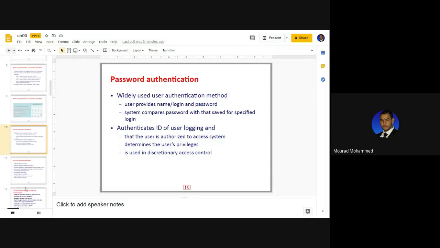Password authentication is the first authentication means we define. Widely used, very weak. We utilize simply and easily a username and password. It is said to be a login: identified login name and password.